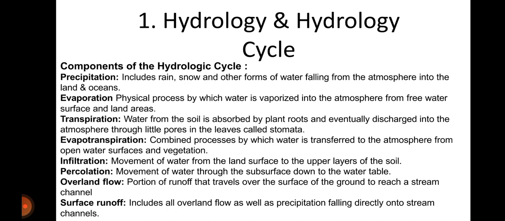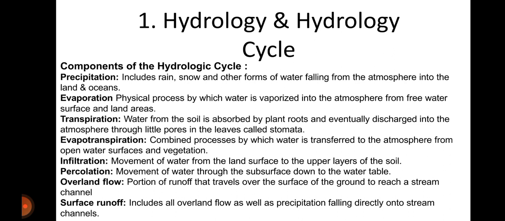Then the next is infiltration, where water moves from the land surface into the upper layers of the soil. In percolation, the water gets percolated deeply into the subsurface zones of the soil, and finally it reaches the water table.